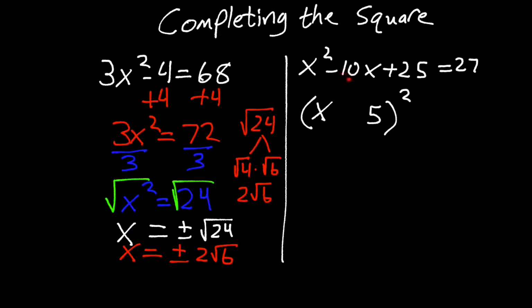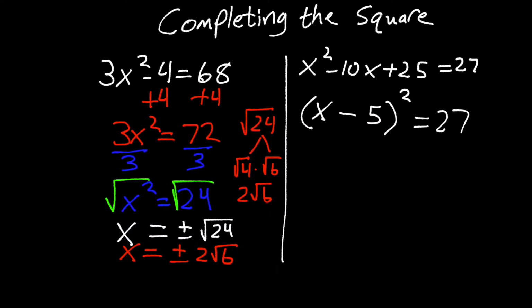If when you double it, you get the middle number, positive or negative, doesn't matter. As long as you get the middle number, it is a perfect square trinomial. So 5x times 2 is 10x, and in order to finish this off, we take the sign then from our middle term. And we have x minus 5 squared equals 27.